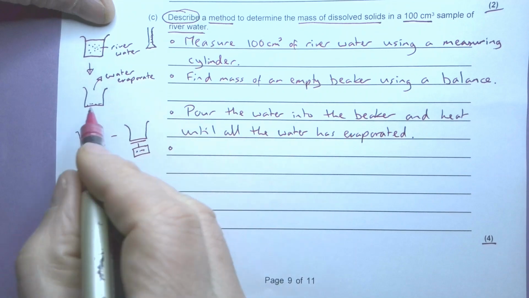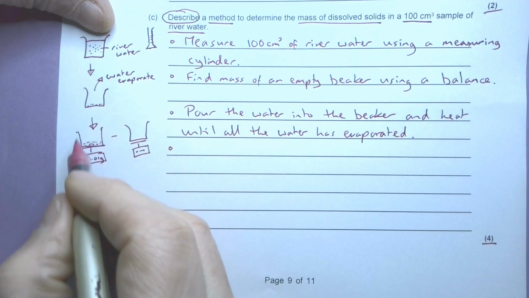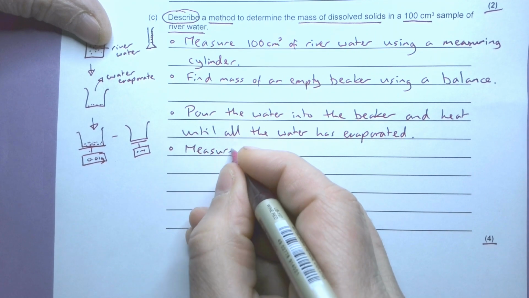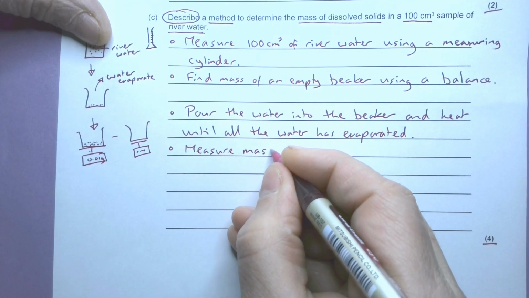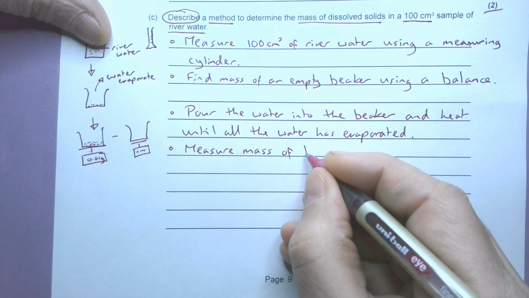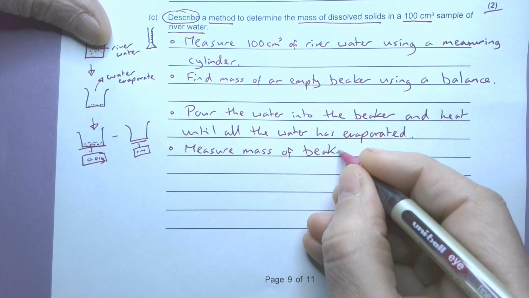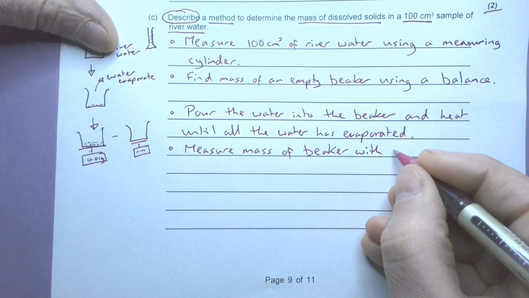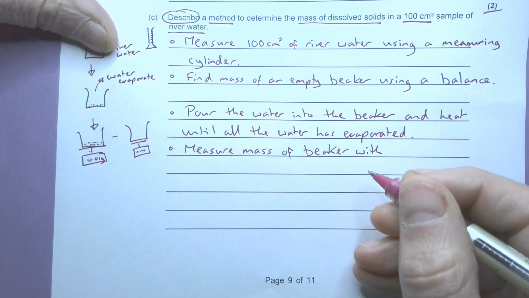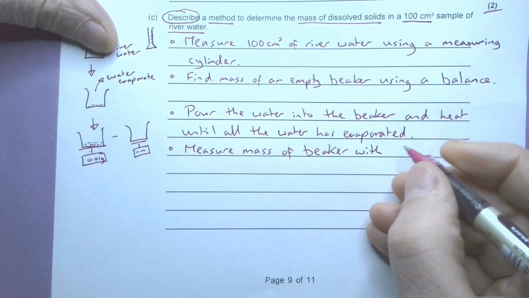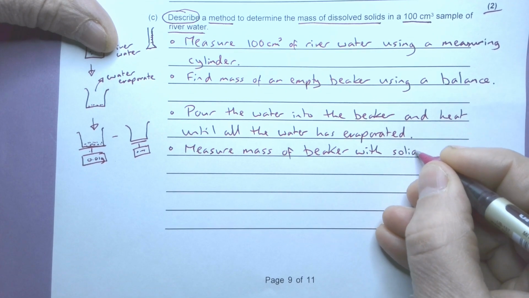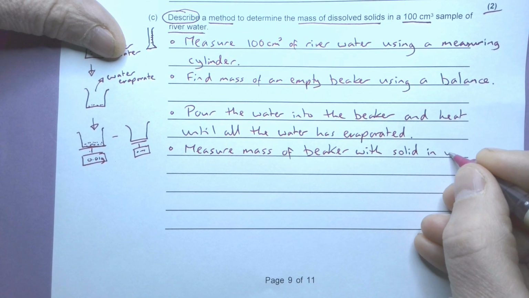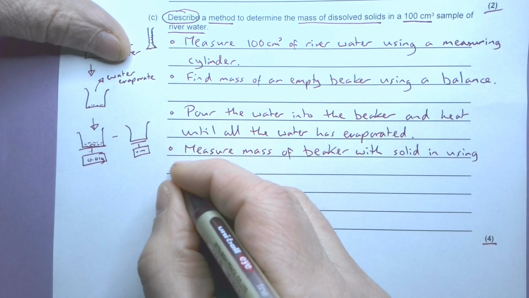So now I've got this. Now I need to find the mass. So I'm going to measure the mass of the beaker with the, so we call them the solutes, with the solid in, using a balance.